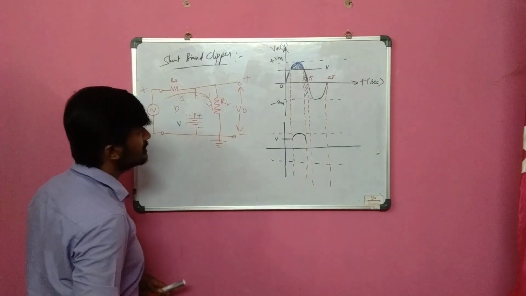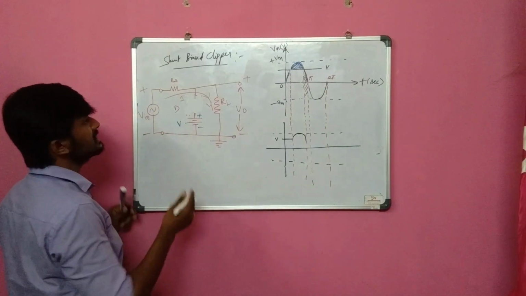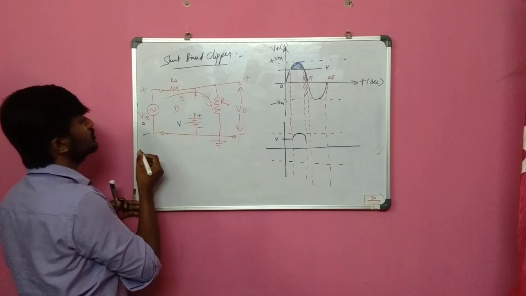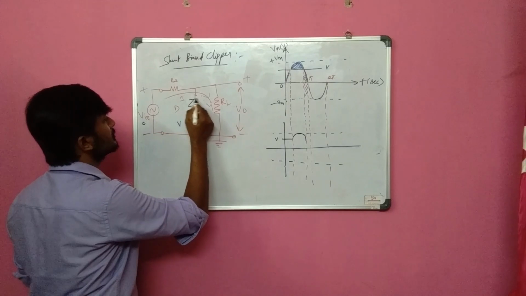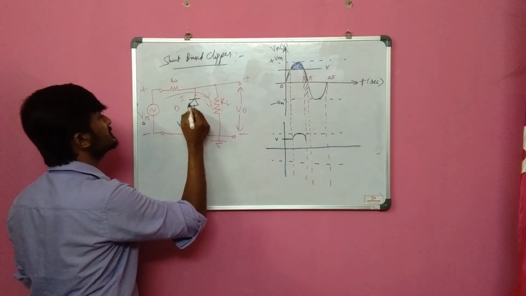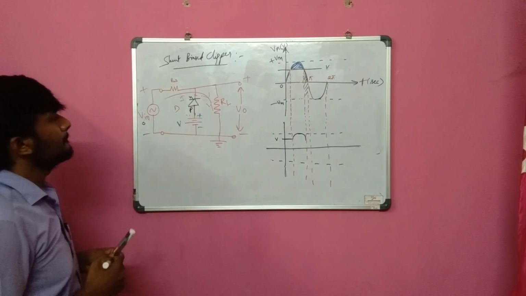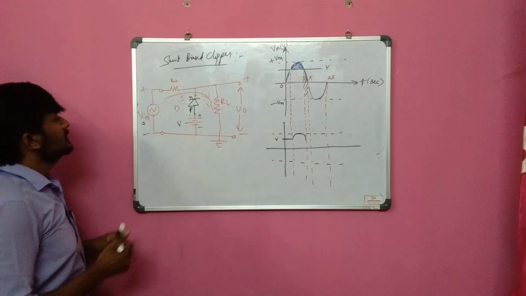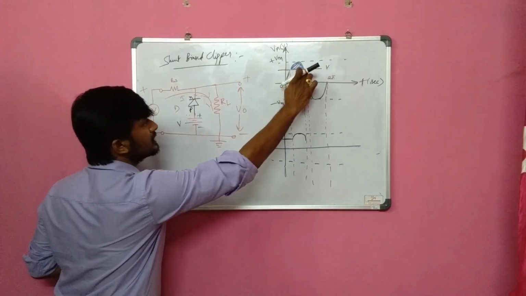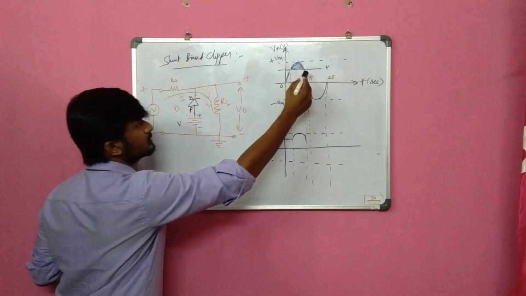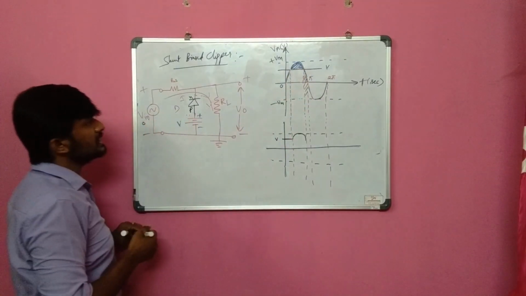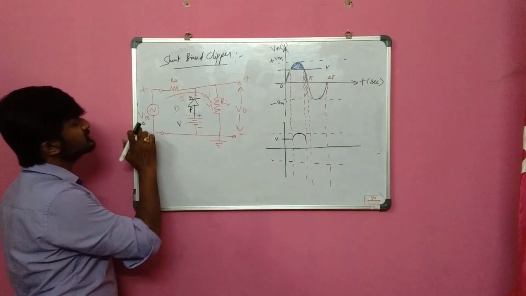So beyond V, what happens? Again, as in the initial case, I can take Vin as 0. So let me replace the diode back as I assumed previously: this is P, this is N. In the third zone the voltages are falling towards 0, so I can take this as 0.